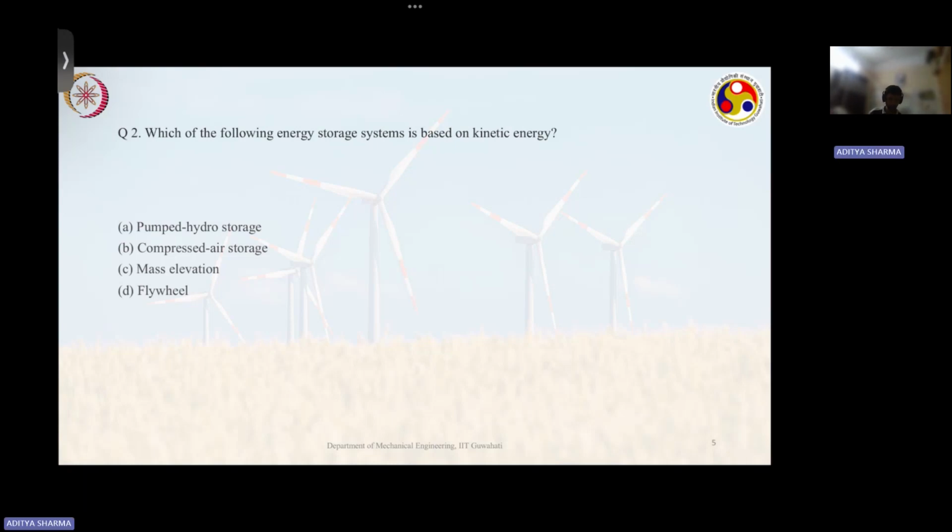So which of the following energy storage systems is based on kinetic energy? Four options have been given. Please try to think about it.